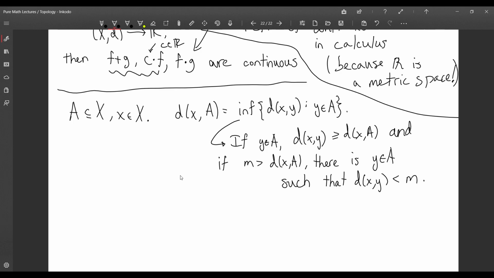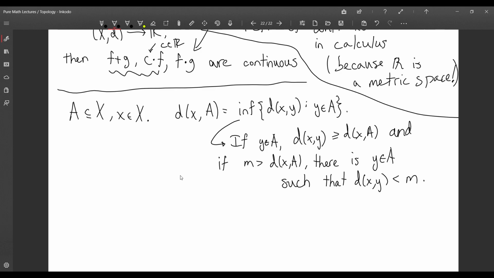So these two things put together essentially say that d of x, A is the precise distance between x and A. It's always less than or equal to any distance between x and a point in A, but if anything is bigger than it, then there is some y which is closer than that distance.